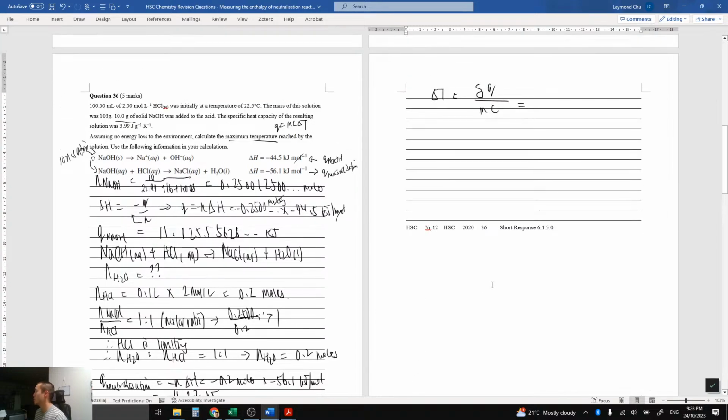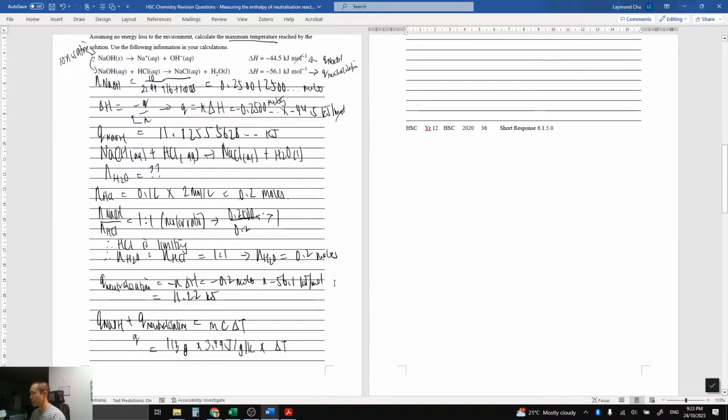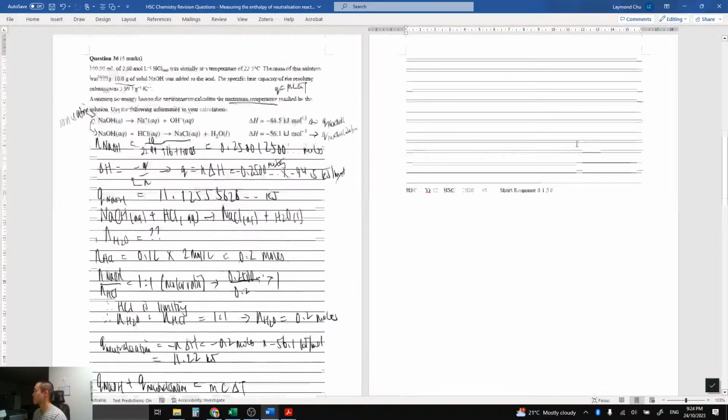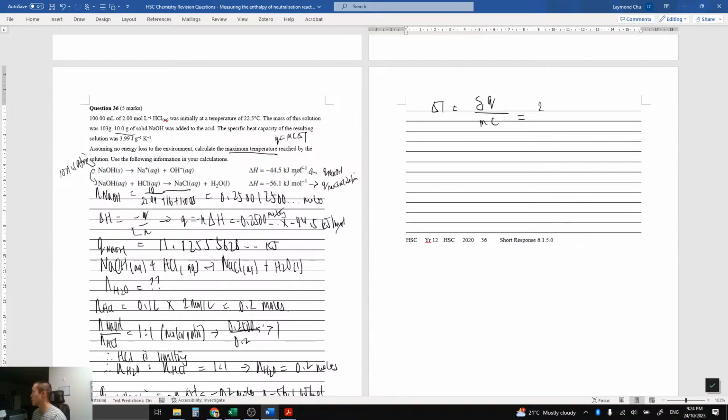M is 113, so the sum of those two in kilojoules, 11.1125568. Now the top is 22.3455628 kilojoules over the mass, which is 113 grams times the specific heat capacity for that solution. So what does that equal?